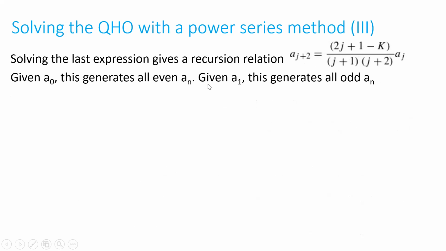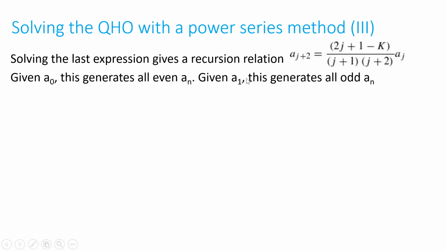All right. So if we were given an initial a0, that would generate all even a_n. So from a0, and also a value of k, we'd plug in j equals 0, and we would get a2. And then we take a2, j equal 2, plug that in here, and that would give a4. And we take a4, plug it in here, and this would give a6.